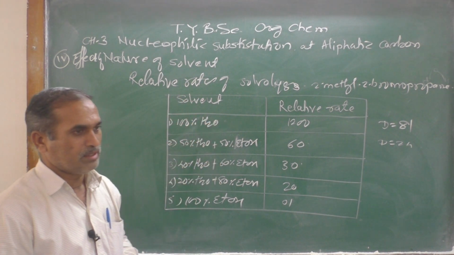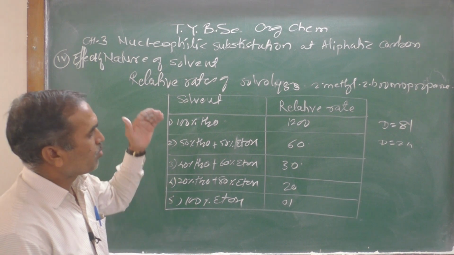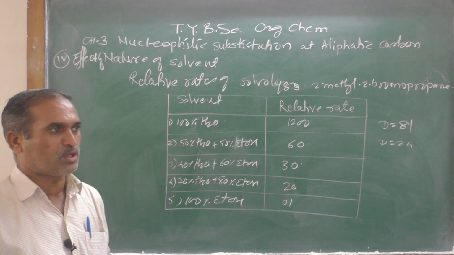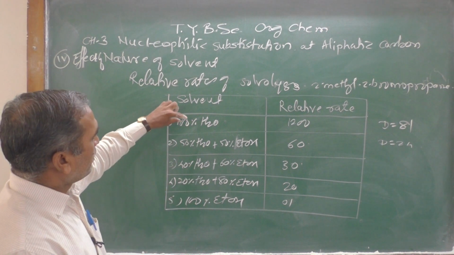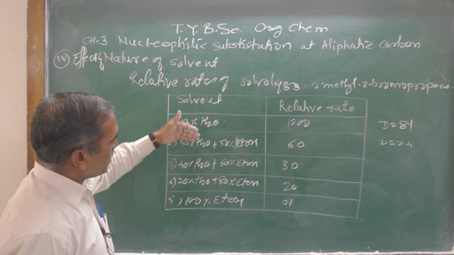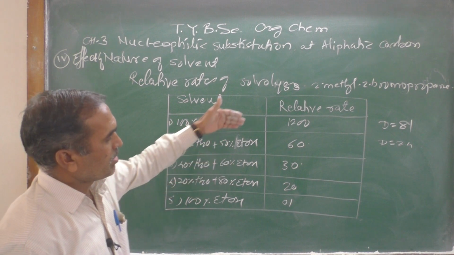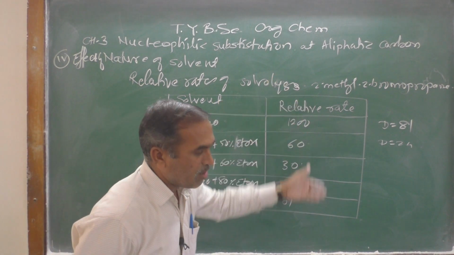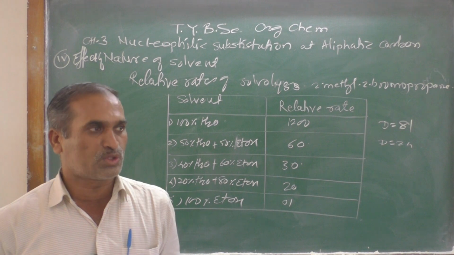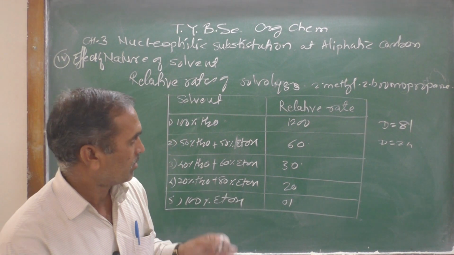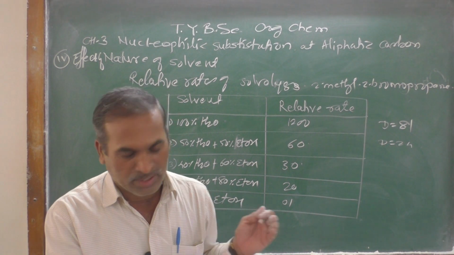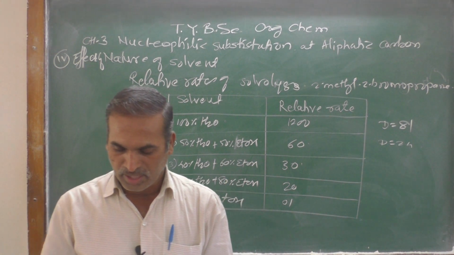What type of conclusion can we draw here? If you observe this table carefully, as the polarity decreases, the rate of SN1 reaction also decreases. That is the conclusion we can infer from this table.